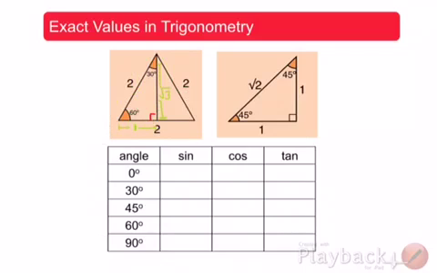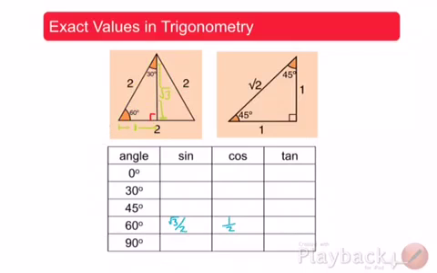So I have the 60 degree angle, so the sine of 60 degrees is going to be equal to, so looking at this, it's opposite over hypotenuse. So it's root 3 over 2. And the cos of 60 is going to be the adjacent over the hypotenuse, so it's going to be 1 over 2.